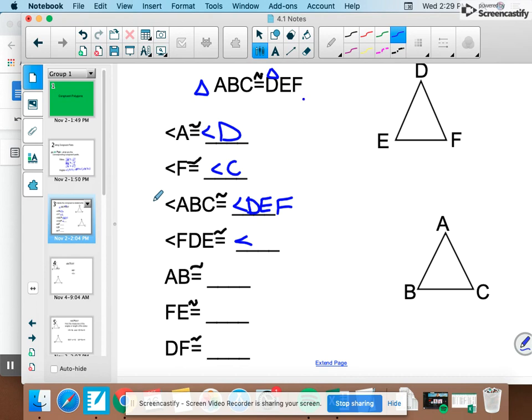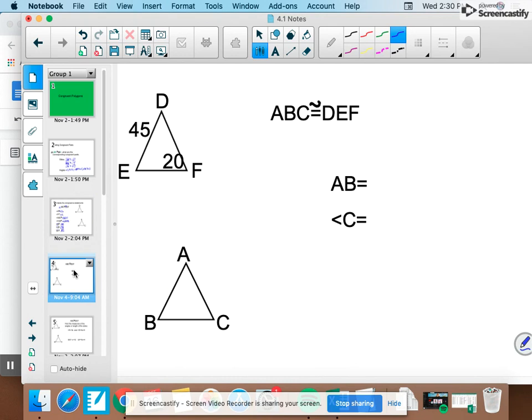So F was last, first, and then the middle. So if we follow the order, we're going to go CAB. AB matches with DE, FE matches with CB, and DF matches with AC.